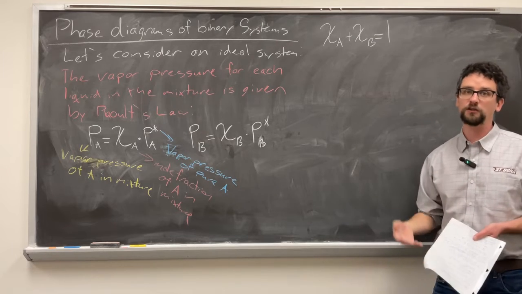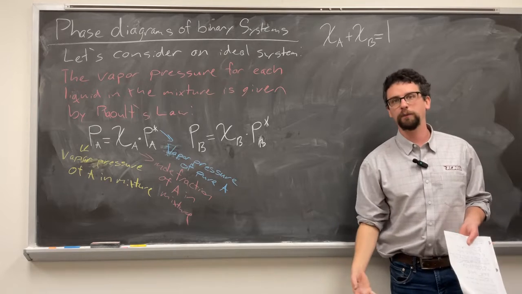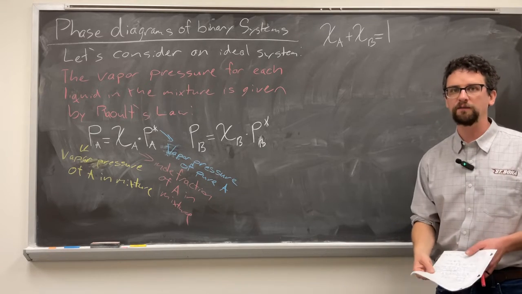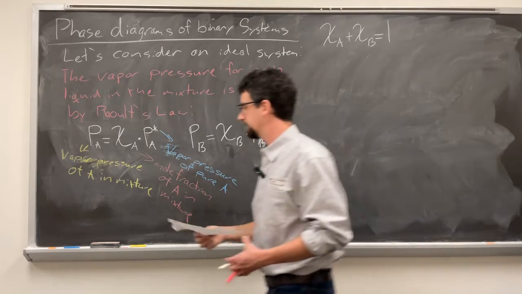Okay, so let's look at an example where we're utilizing these equations. We're going to have a mixture of methylbenzene and benzene. We are told what the total pressure is, and we have to try and figure out what is the mole fraction of those constituents.